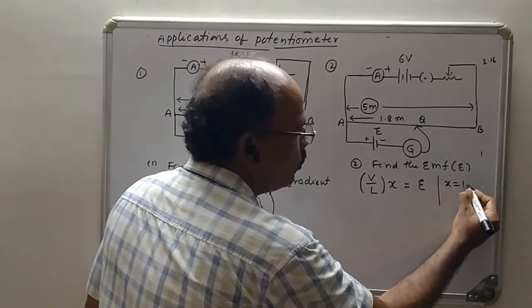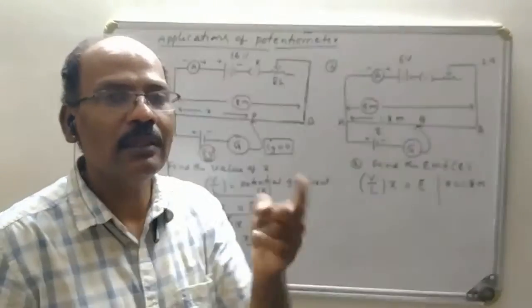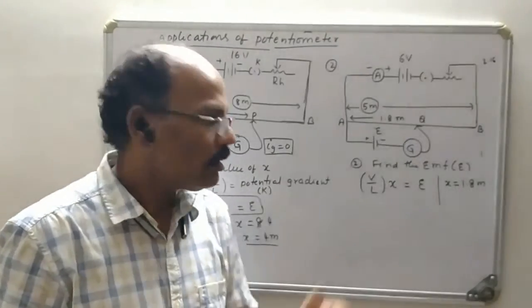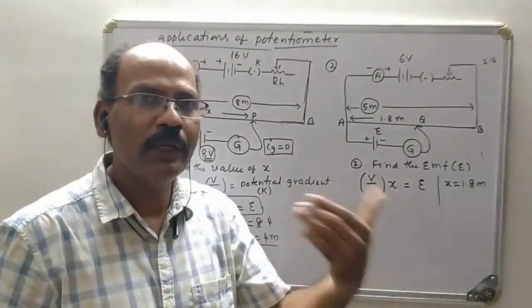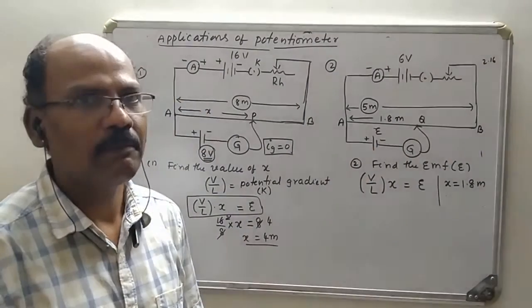X is equal to 1.8 meters. If it is given in centimeters, then we can convert into meters. Then apply the principle of potentiometer.